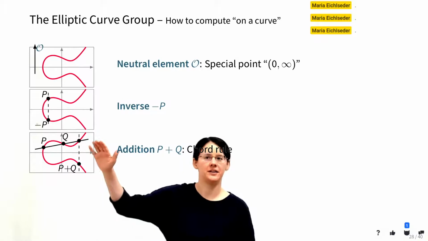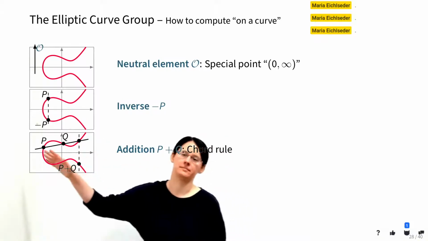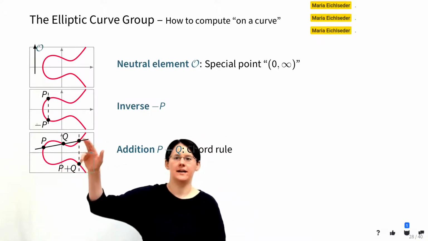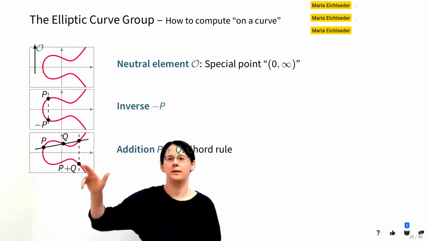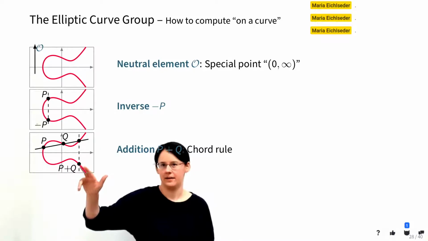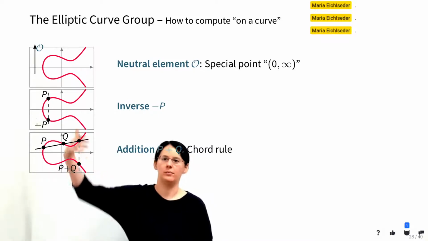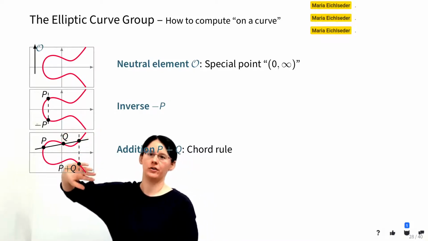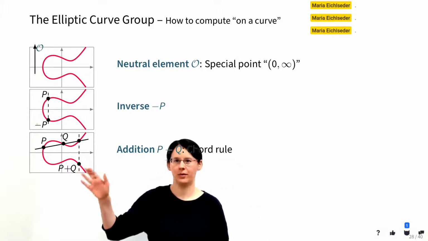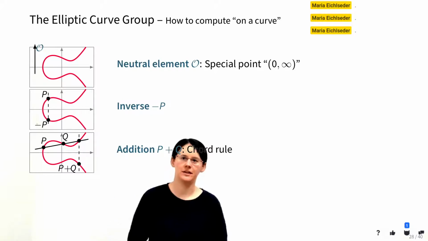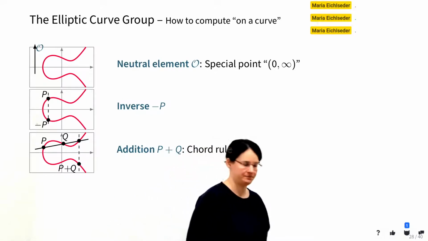This is a guaranteed property that we have. We take this extra point where the line intersects the curve for the third time and mirror it along the x-axis, or well, we again invert the y-coordinate just like we did for the inverse. And we define that this resulting point is the result of the addition P plus Q.